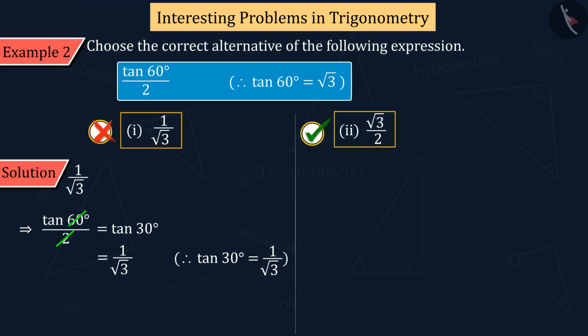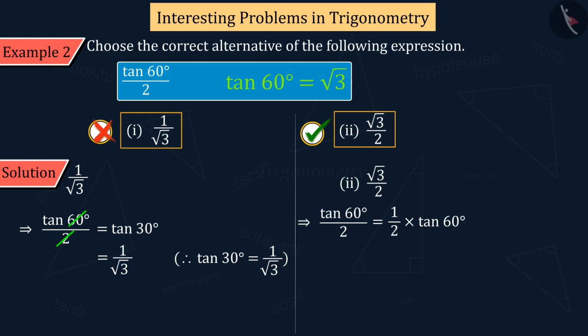Let's discuss this. We can also write the given expression in this way. We know that the value of tan 60 degrees is the square root of 3. By substituting this, the value of the given expression is found to be square root of 3 by 2, which is correct.